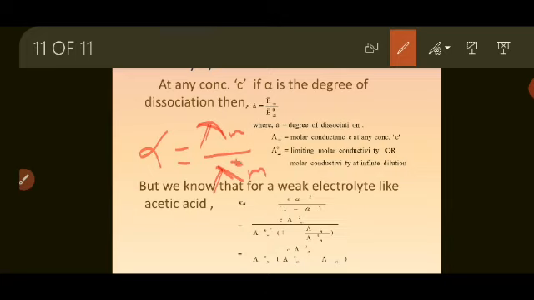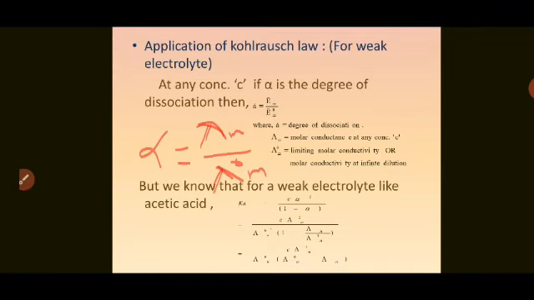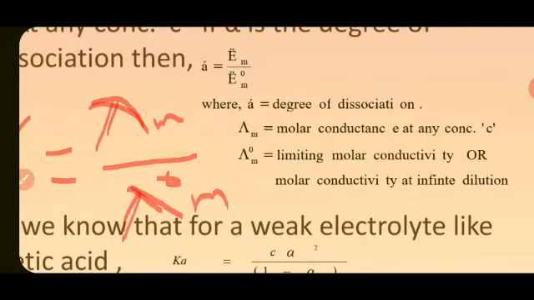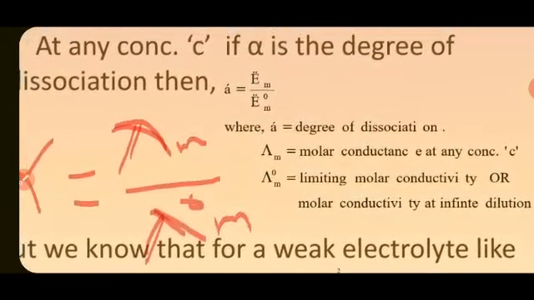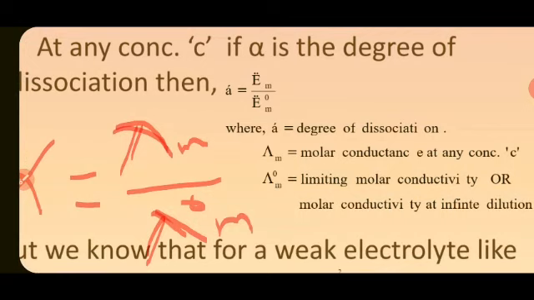Now what is alpha? Alpha is the degree of dissociation. Please see here, it is printed as E, but instead of E it should be taken as lambda, and A should be taken as alpha. So alpha is the degree of dissociation.